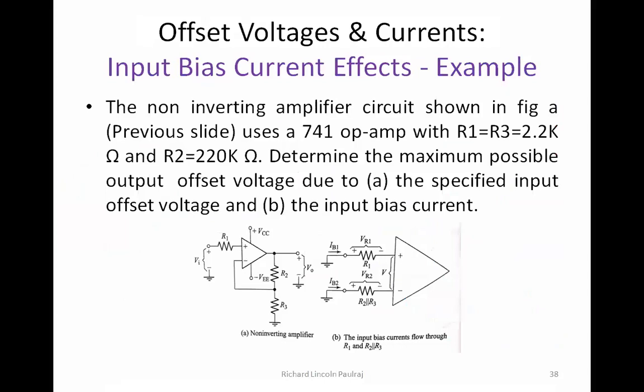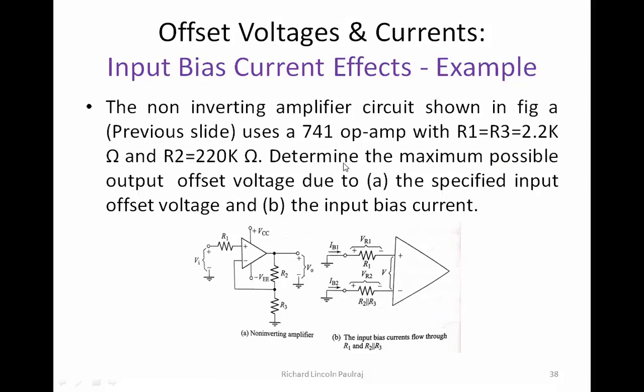So moving on, we will probably solve an example, and then you will be able to understand the impact of these input bias current effects. So we have a non-inverting amplifier circuit, as shown in figure A. I have just brought it here so that it becomes easy for you. This uses a 741 OPAMP, where I have R1, R3 as 2.2K, and R2 is about 220K.